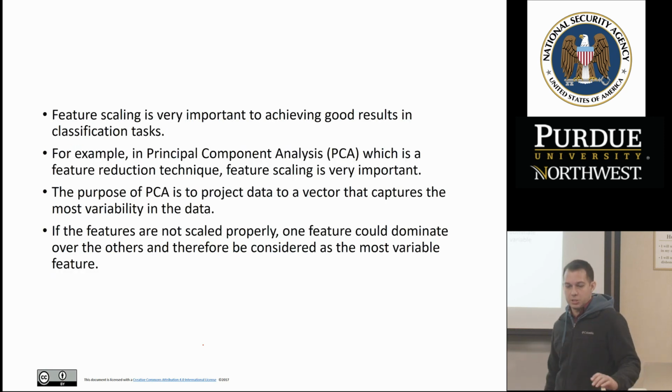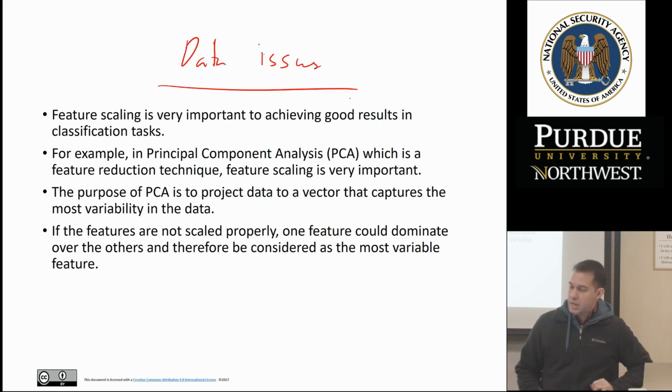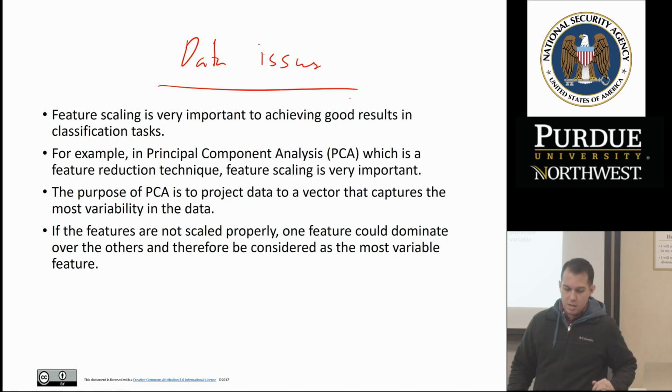Feature scaling, so we're still dealing with data issues. Other data issues that we are concerned with are feature scaling. Feature scaling is very important to achieve good results in classification tasks. Feature scaling is basically, you have 3 features, let's say F1, F2, F3.